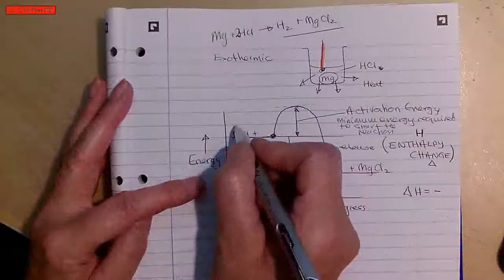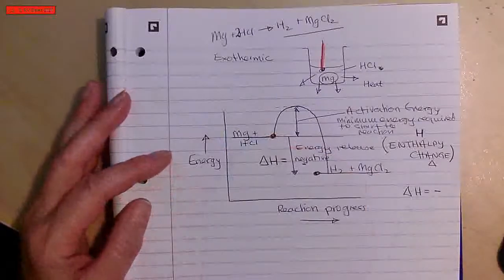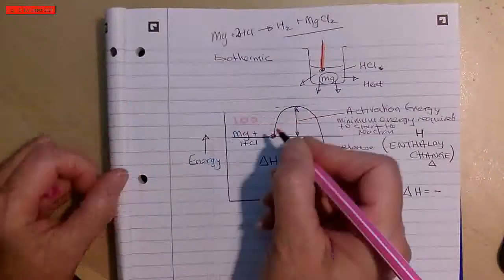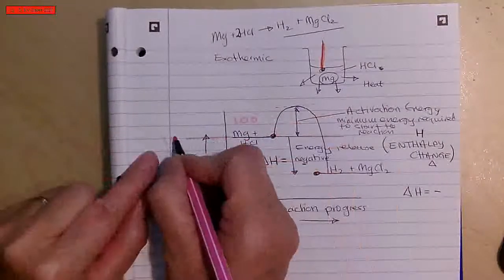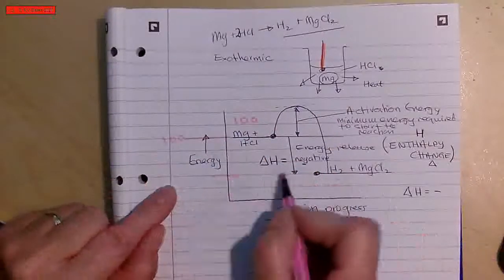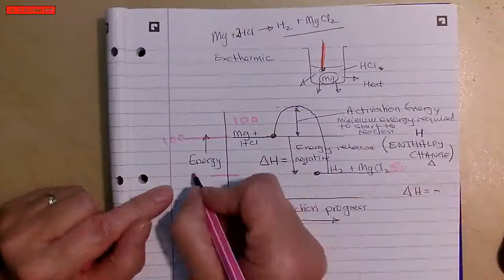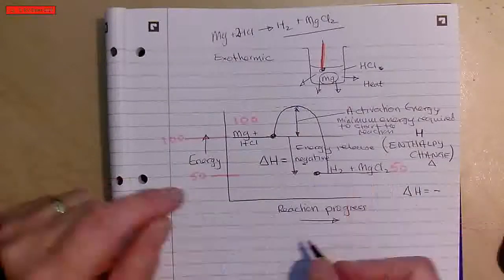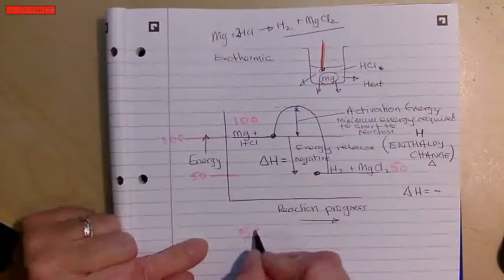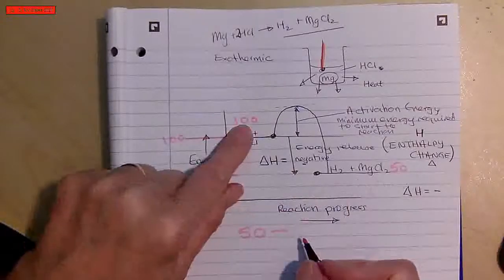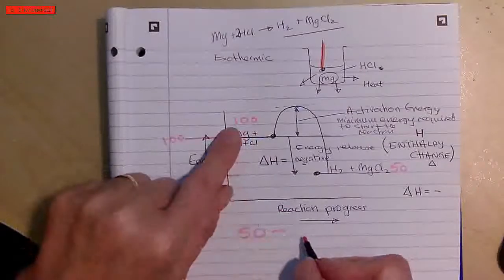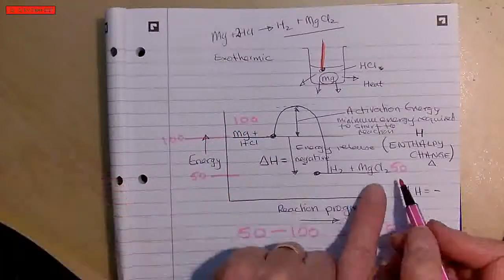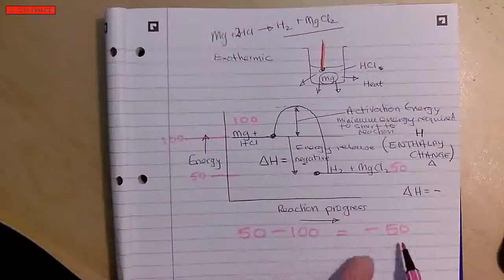If we were to put some values on this, say this energy here was, let's give it a value of 100 on this scale, and down here this energy value was 50, the difference would be the energy of the products, which is 50, take away the energy you started with, which is 100, which goes to minus 50.